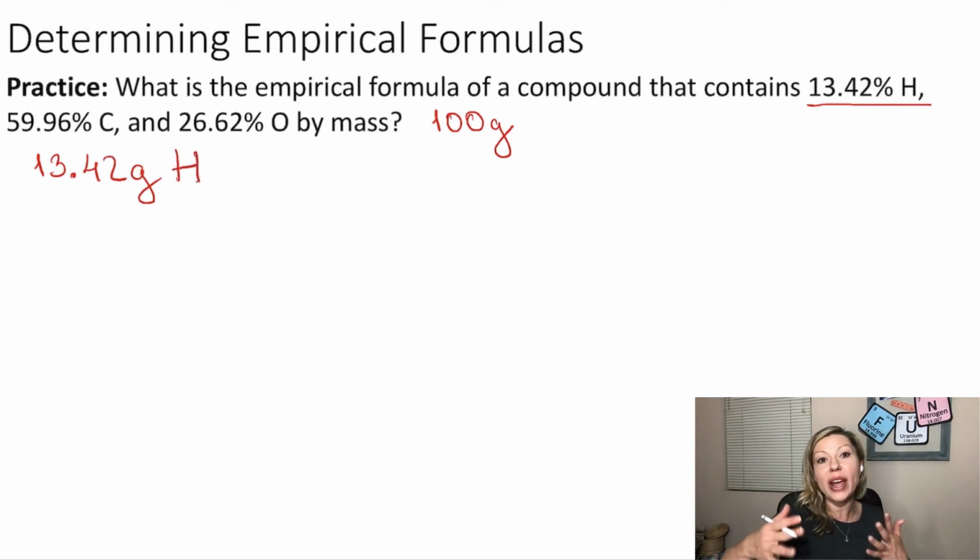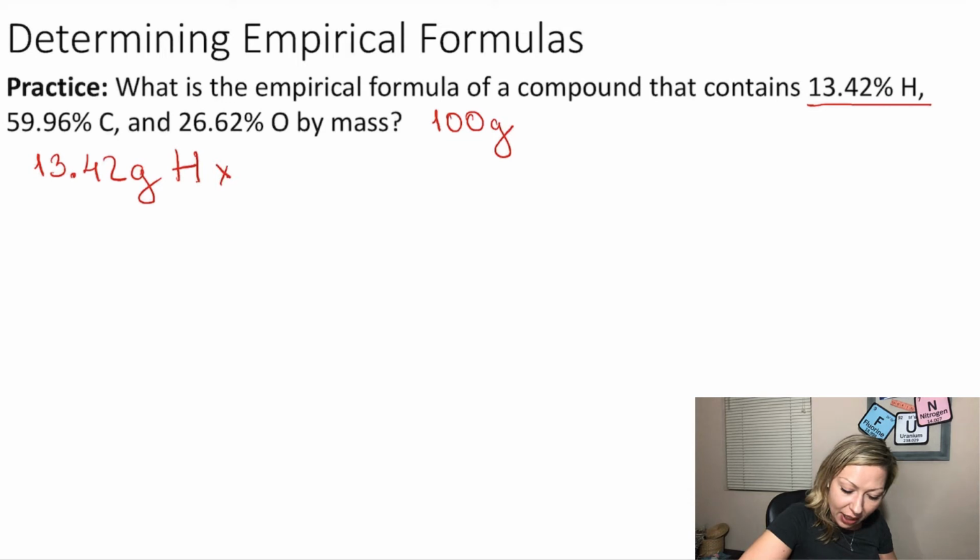Now, since I'm trying to figure out the empirical formula, I need to get to the number of hydrogen atoms in this formula. To do that, I need to connect the grams to moles. So let's calculate from grams the moles of hydrogen in this formula.